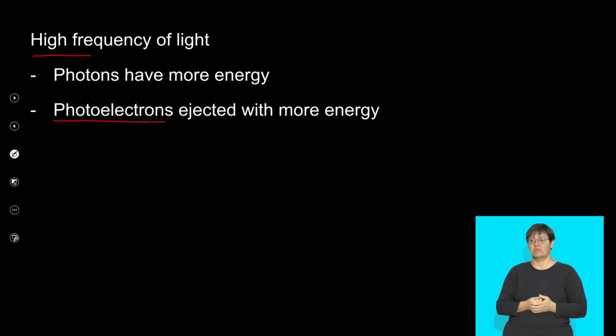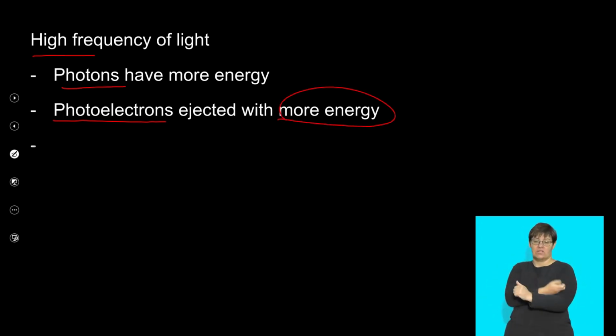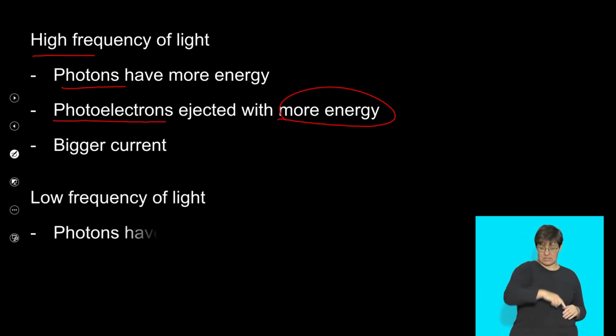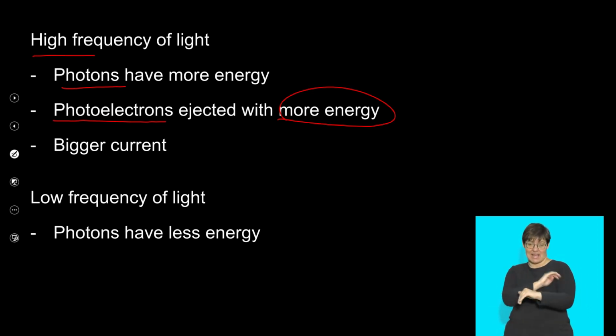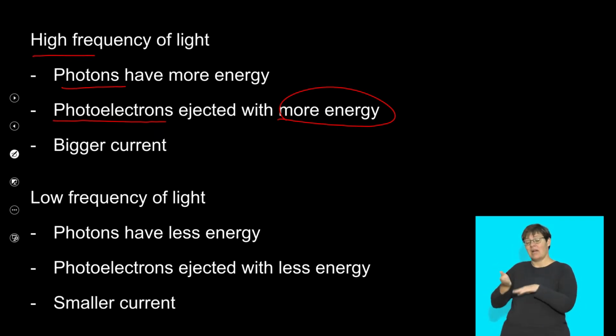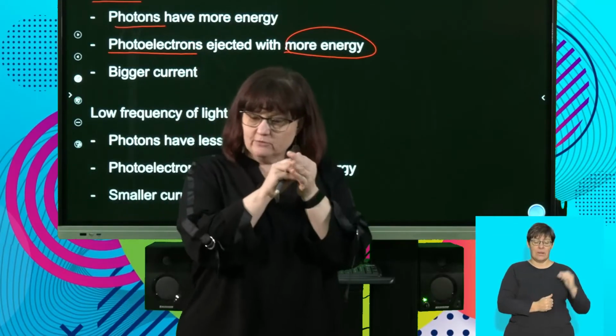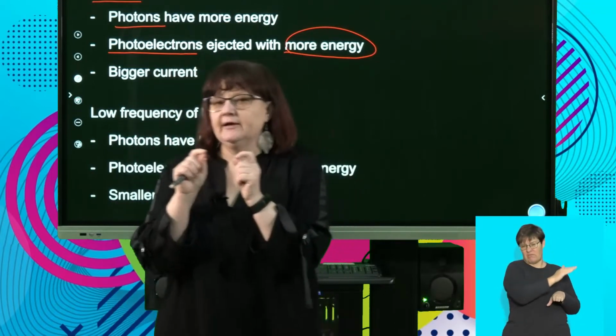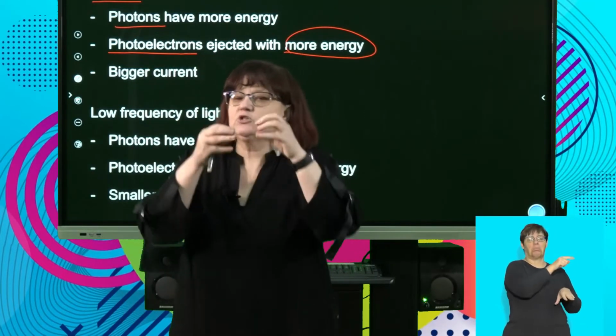High frequency, photons have more energy, so the electrons have more energy. We get a bigger current. When we have a low frequency, the photons have less energy, so the photoelectrons have less energy, and so there's a smaller current. It's fairly logical. You saw that. When it was a small frequency, we only had 1 or 2 little electrons coming off, and they weren't very fast. So small current.